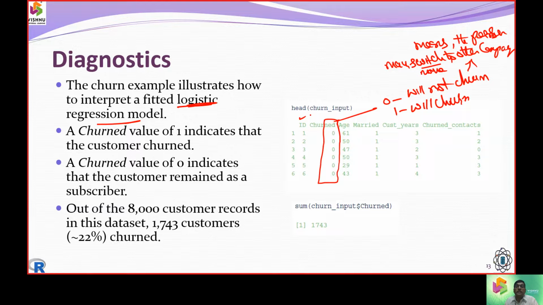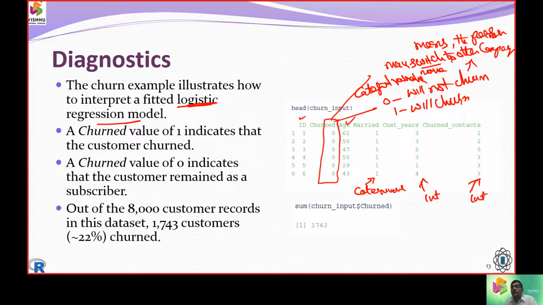ID, of course, is the register number or roll number, whatever you call it, and age. And this is 0/1, we call it a categorical variable. And married, again yes or no, is a categorical variable. Customer years, an integer.